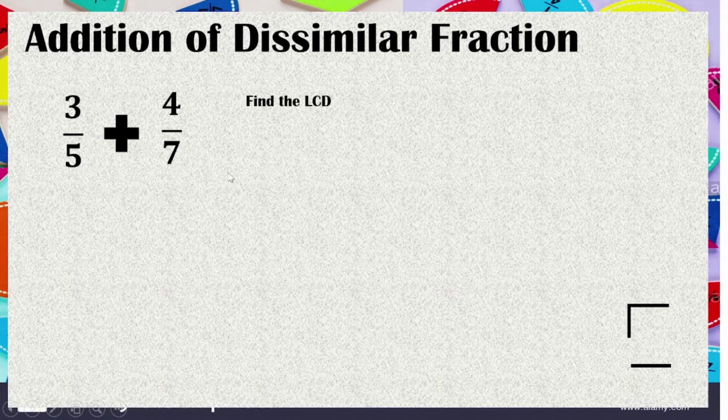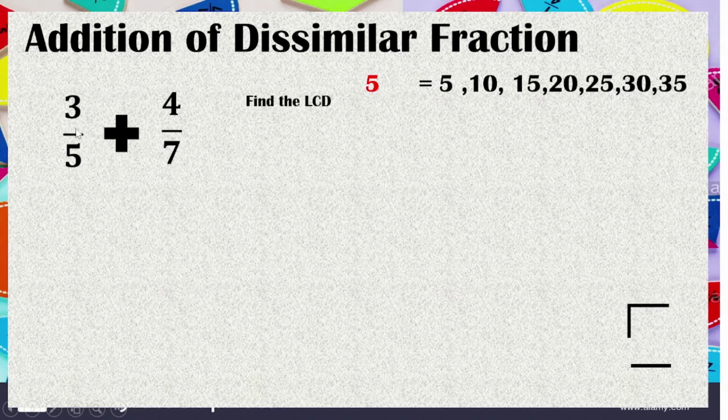Paano nga ulit kunin yung LCD? Isusulat nyo yung 5, yung sa 3/5: 5, 10, 15, 20, 25, 30, 35. Hanggang dyan muna tayo. Next, 7. Ibibigay nyo lang yung multiples, kung saan sila unang mag-meet. 7, 14, 21, 28, 35.